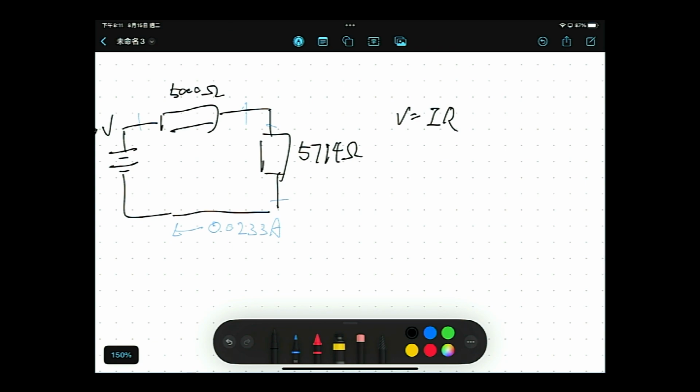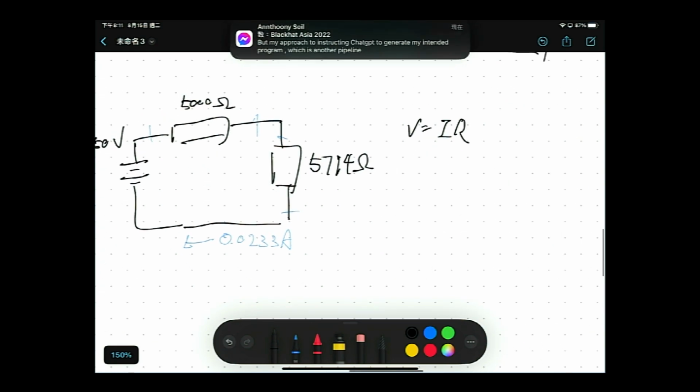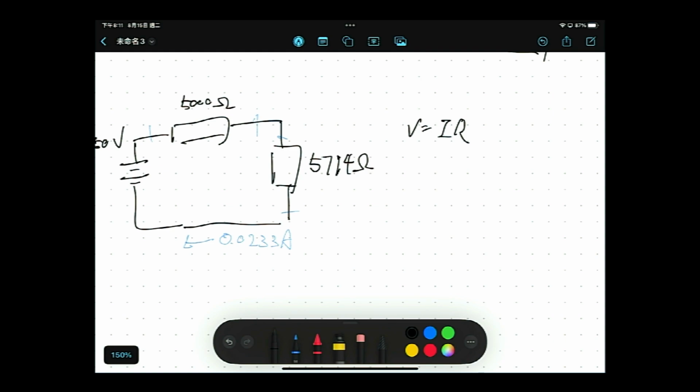So for this resistor R1, V is unknown, right? I equals 0.0233 A, and the resistance is 5,000. So you just multiply these two values together.